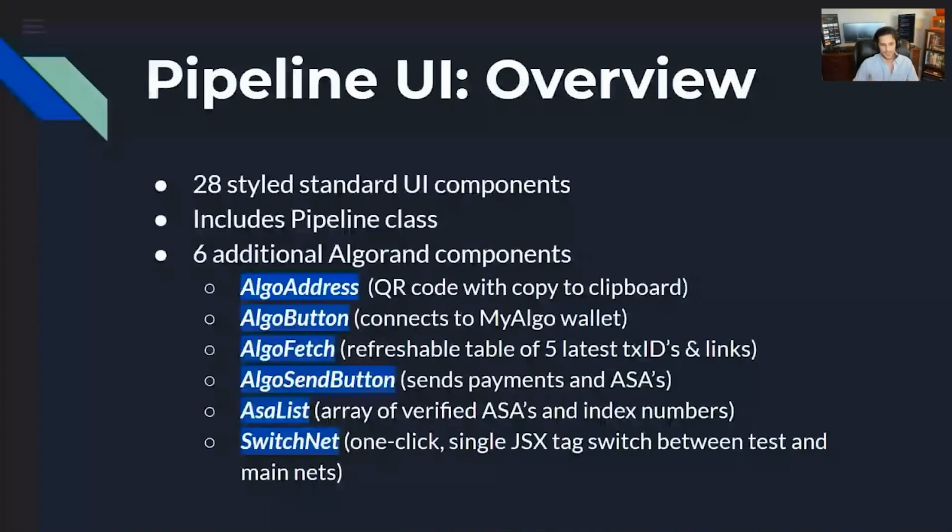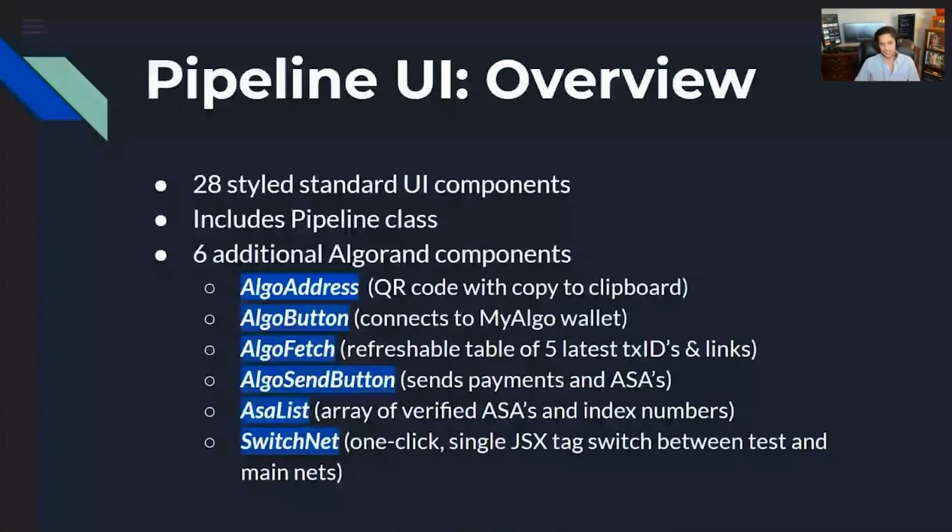So the Algo address, which is a QR code with copy to clipboard. There's Algo button, which connects to MyAlgo wallet. Algo fetch, which refreshes a table of the 5 latest transaction IDs with links. The Algo send button, which was a real challenge because it sounds easy, but it was a little tricky to get it to work really well, but it does now.